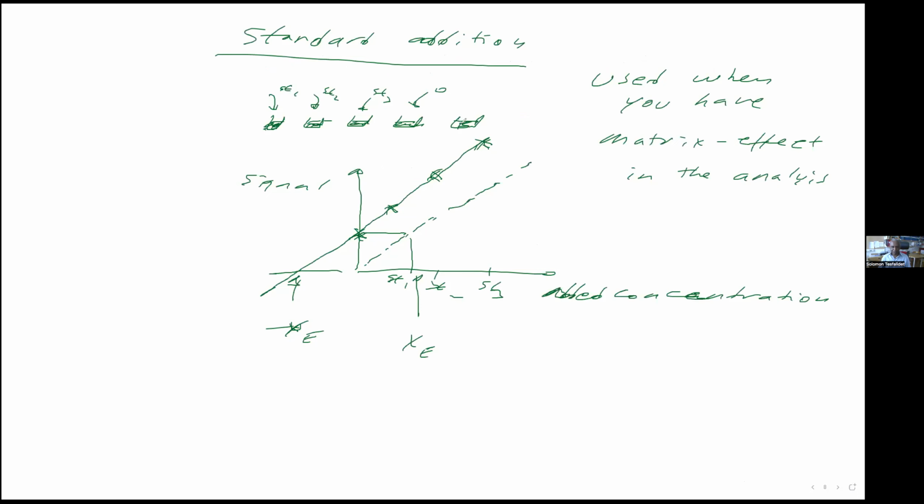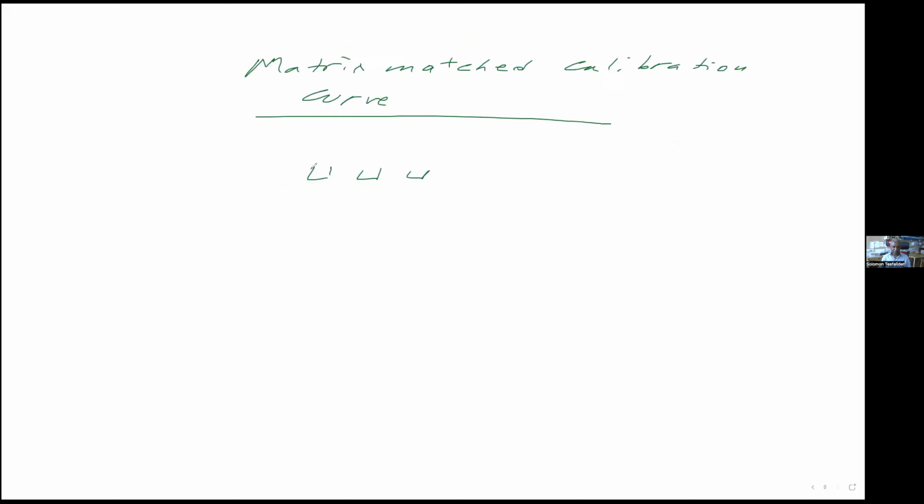If you have such a sample that does not contain the analyte but the matrix only, then you can prepare the calibration curve not in water or in a buffer, but in the matrix. Then this is what we call matrix matched calibration curve. So this contains the matrix and is prepared in the matrix. So standard 1, standard 2, standard 3, and so on.